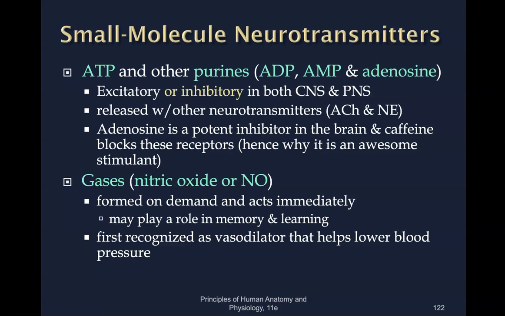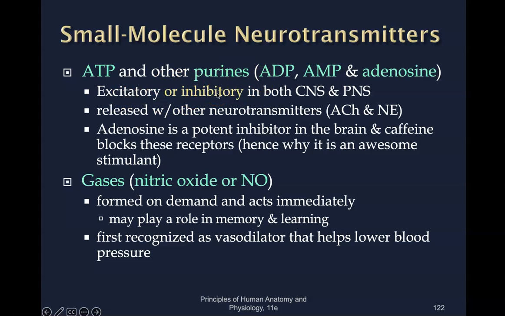Some other neurotransmitters are things like ATP and purines. Some of the other purines are going to be, again, adenosine triphosphate, adenosine diphosphate, adenosine monophosphate, and adenosine. All you have to know for now is that they can be excitatory or inhibitory. Now, I realized in your lecture, for some reason, it just says excitatory, so you want to go ahead and add this into your lecture.